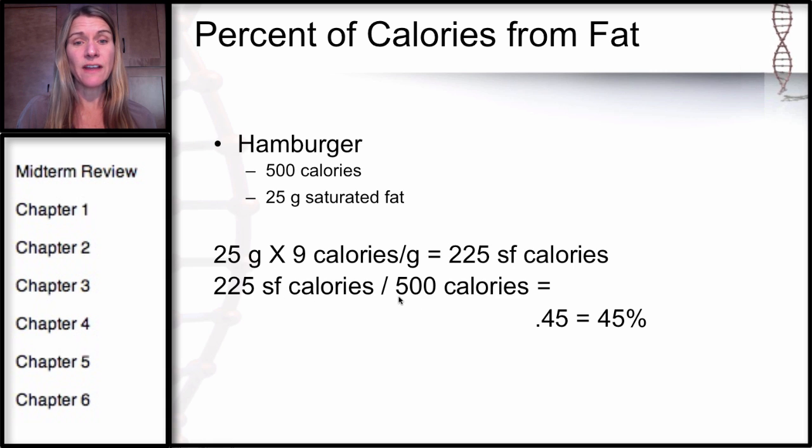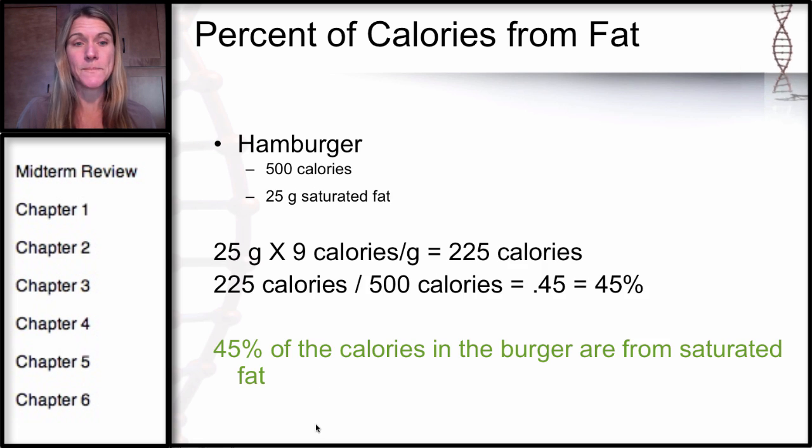Now, if we divide that by 500, we actually end up with 0.45 or 45%. So that means that 45%, which is almost 50% of this hamburger, is saturated fat. And you wouldn't really know that until you went through this calculation. So be sure you understand this calculation and process.